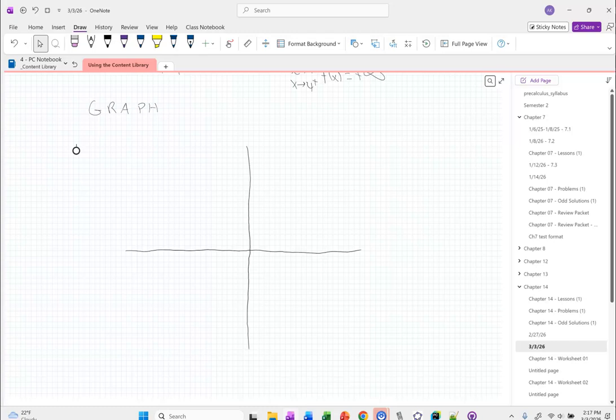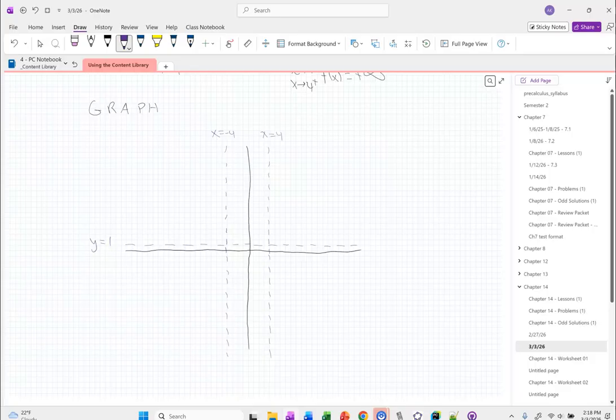So I have a vertical asymptote at -4, and at +4, and then at y = 1. Is everybody so far so good? Look good?